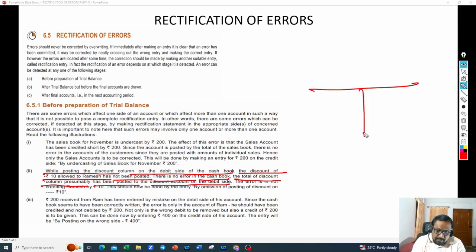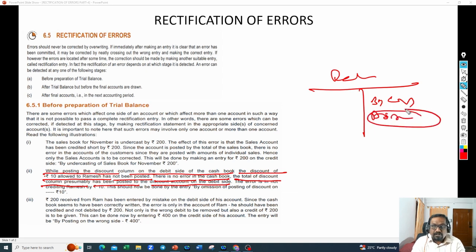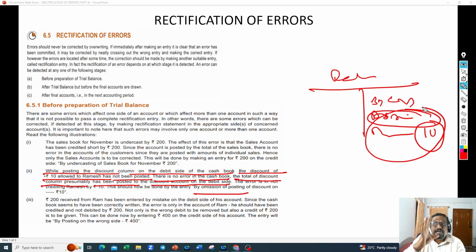So when I prepare the Ramesh account, by cash, by discount I am supposed to write. This discount portion I did not write. So what I am supposed to write now is by omission of posting, and I need to write 10 rupees here. So with this, what is your understanding? The mistake has happened only in one account. That is the reason you don't see a complete entry here. What do you mean by a complete entry?